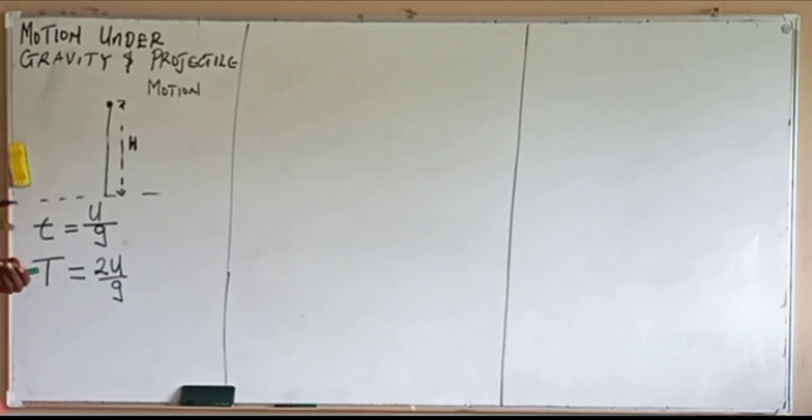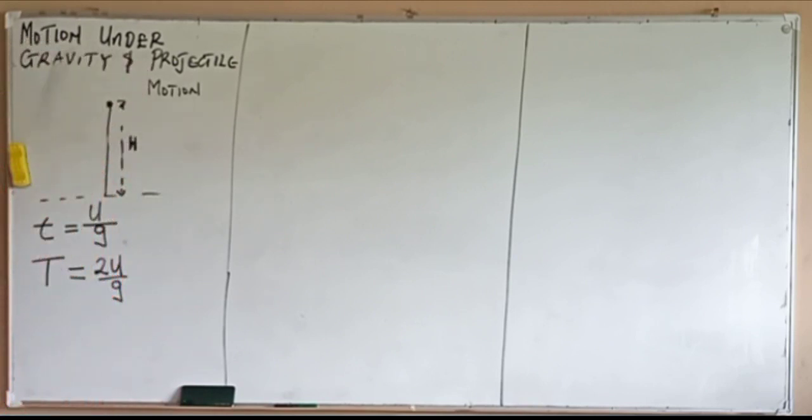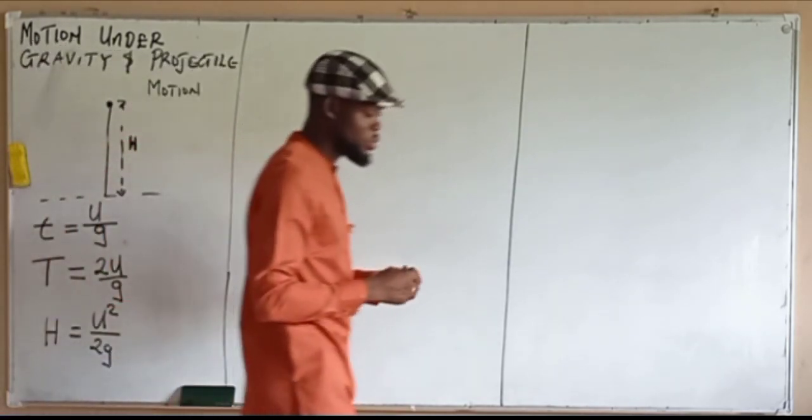Then, what about the maximum height this body can get to? The maximum height can be given as H = u squared over 2g. H is equal to u squared over 2g.